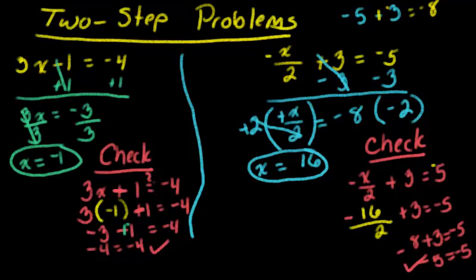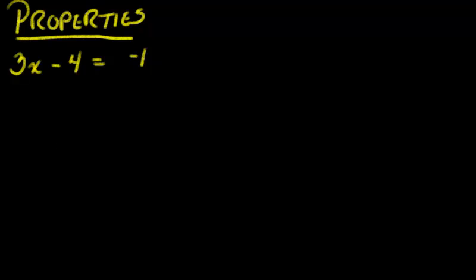We also can solve this using the properties. So if we want to solve this using the properties, first thing, this is our given. This is what you're given. And then we're going to add 4 to both sides, because we want to start off by isolating the variable.